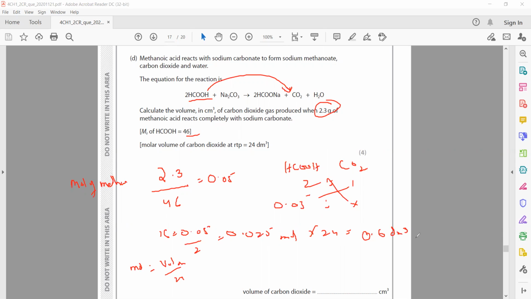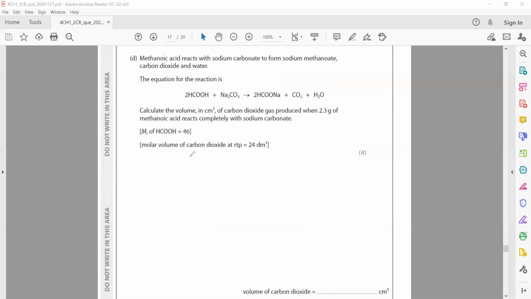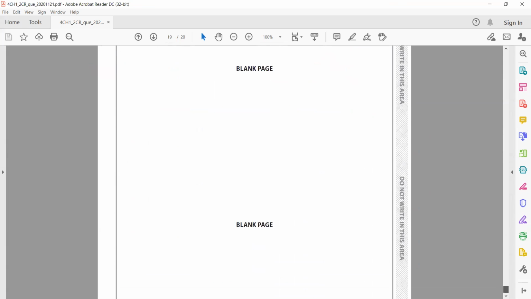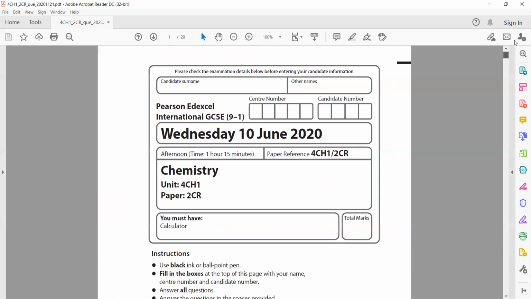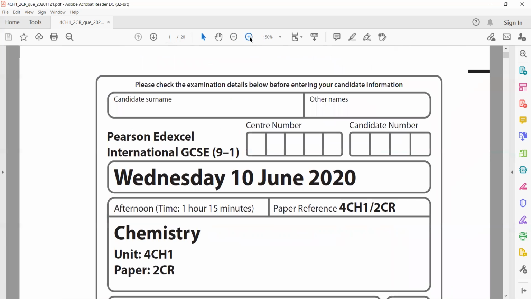We have to convert into cm cube, so we'll multiply by 1000. So 600 cm cube. So this was the last question from paper 2CR of unit 4CH1.